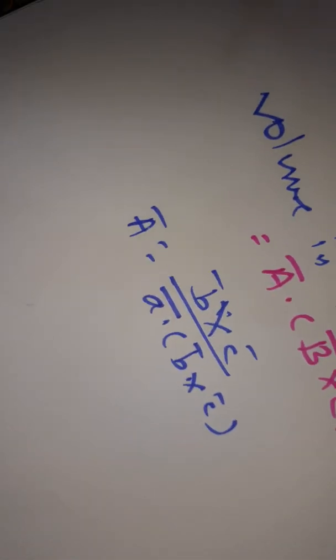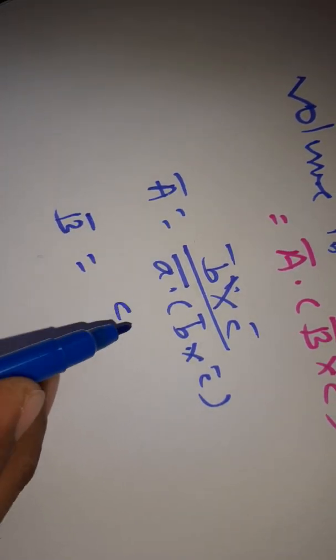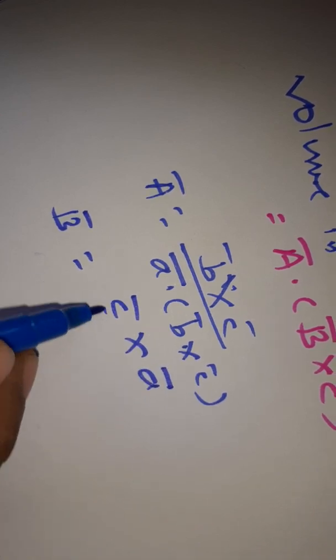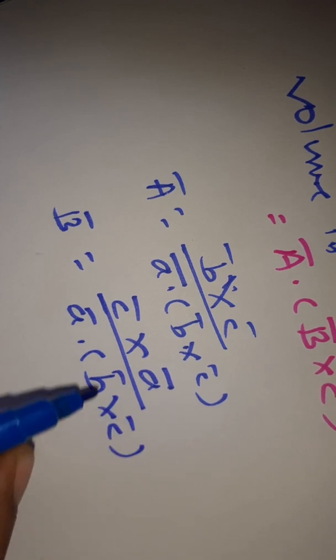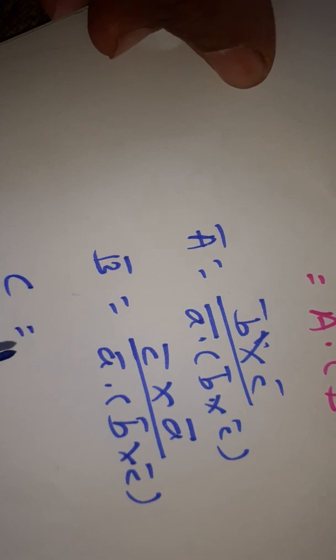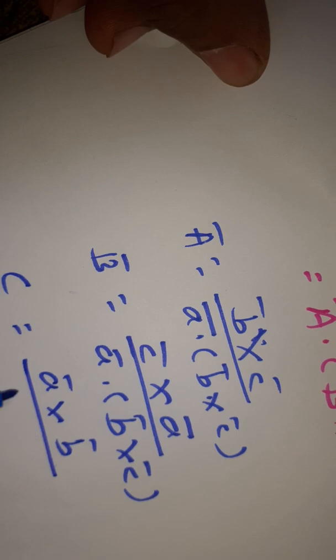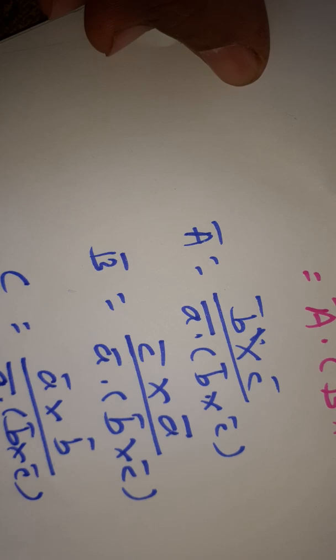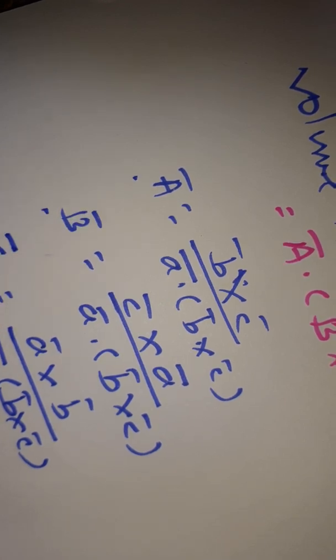Then B bar is equal to C bar cross A bar divided by A bar dot B bar cross C bar. C is equal to A bar cross B bar divided by A bar dot B bar cross C bar. So we got the three reciprocal lattice vectors, capital A, B and C.